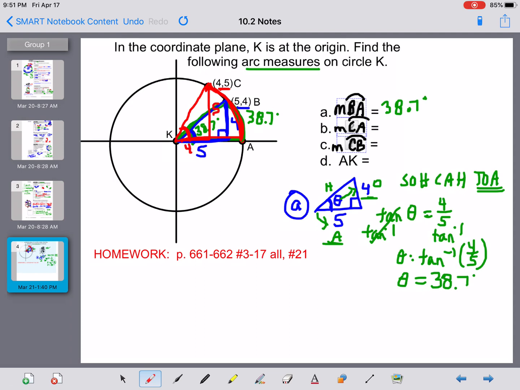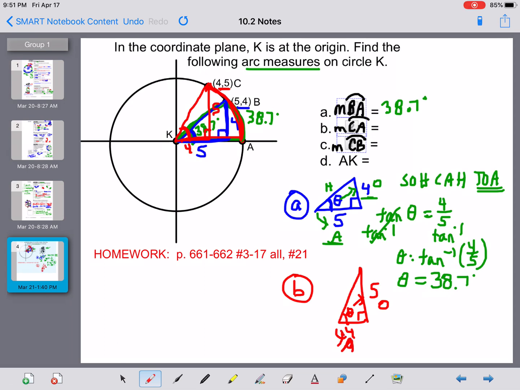So let me put my B over here. So now I have kind of this tall triangle. It went over 4, up 5, but I still want to find this angle down here. So the setup is still going to be similar. I have my opposite, I have my adjacent, so I'm still going to set up a little tangent work.